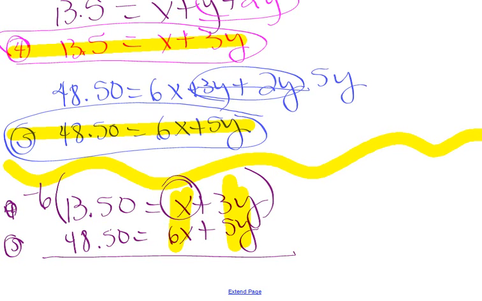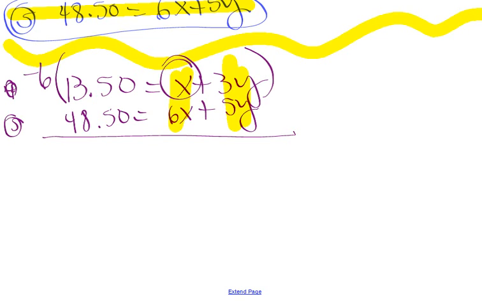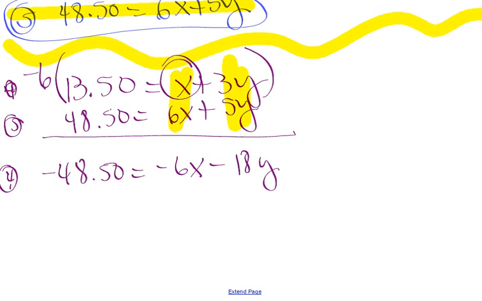So when I do this, for equation 4, I'm just multiplying the negative 6 times 13.50. So I'm going to get negative 48.50 equals negative 6x minus 18y.